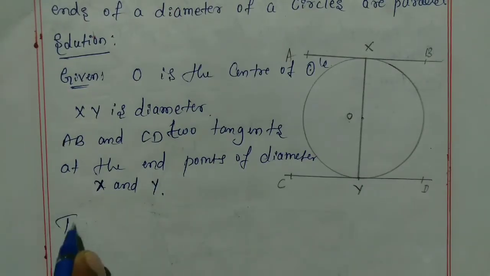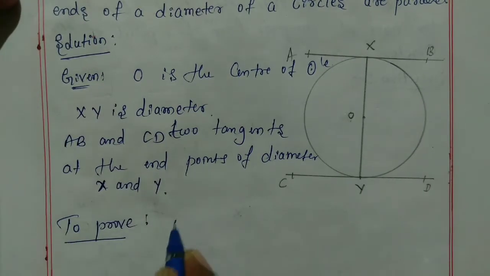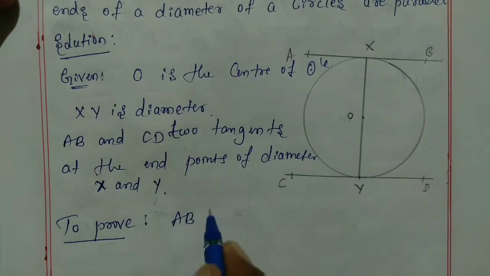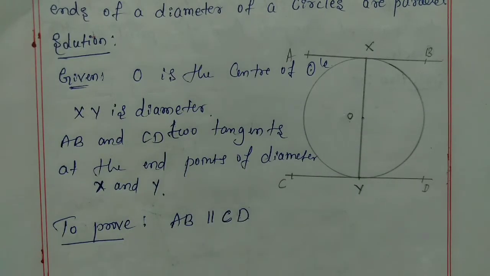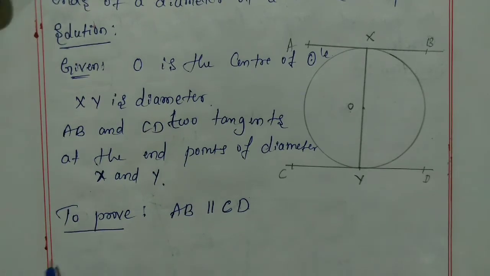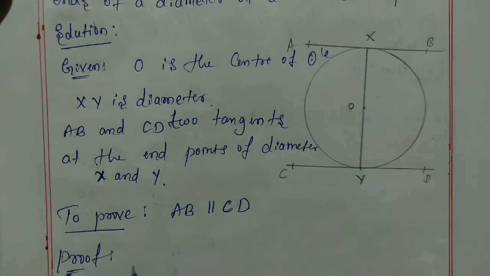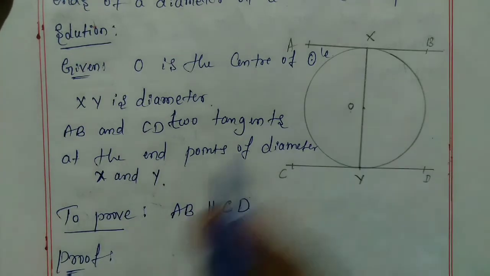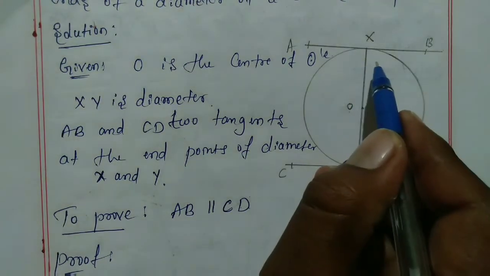So what do we have to prove here? We have to prove tangent AB is parallel to tangent CD. Next I will write the proof. Here we know that the angle between tangent and radius is 90 degrees.